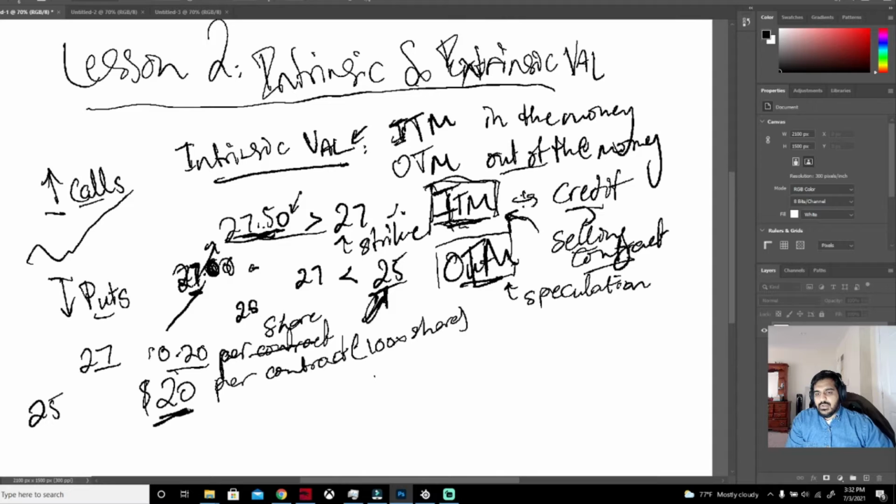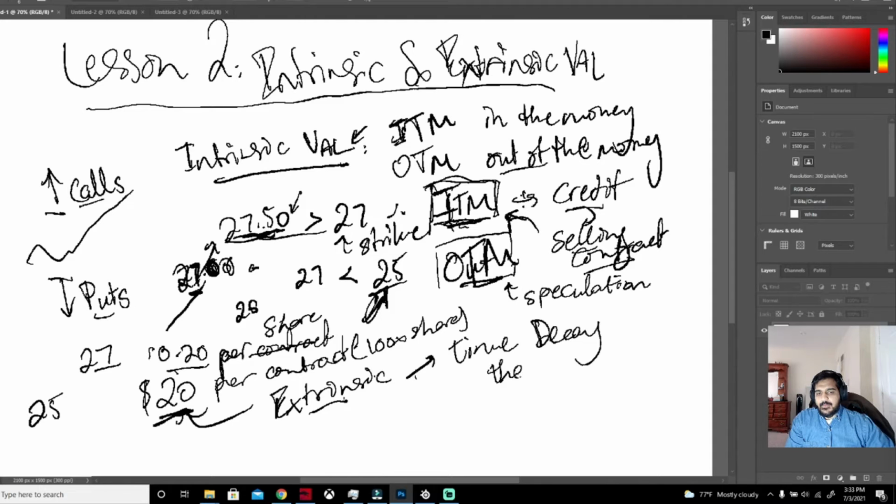This $20 is extrinsic value. Extrinsic value consists of time decay, which is your theta. We'll talk about this more when we get to the Greeks, but you have time decay.